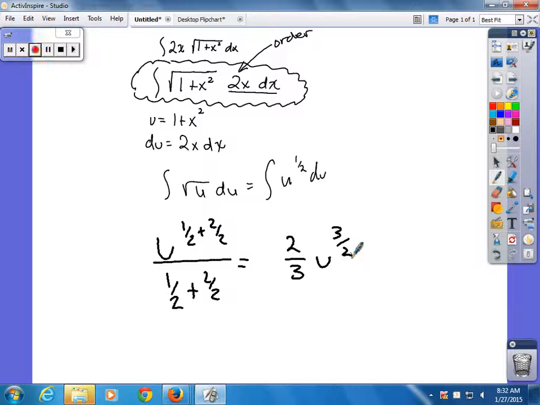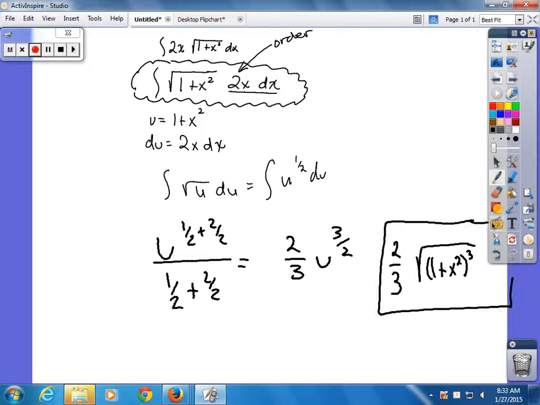This is exponent over index, so that is the square root of this cubed, so that's going to be 2/3, and rewrite it as the square root of 1 plus x squared, to the 3rd power, plus c.